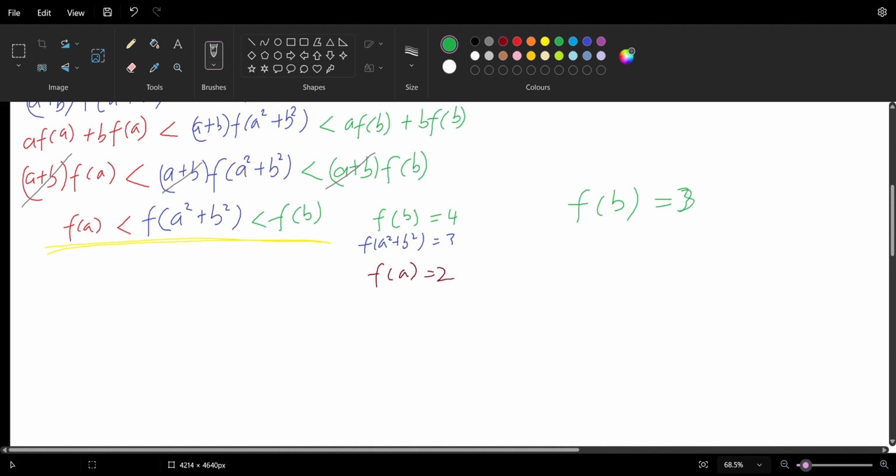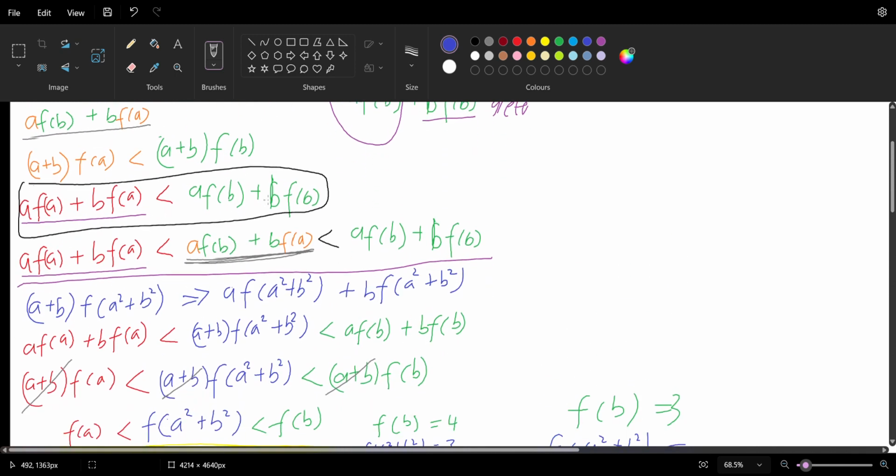But if we have a situation where f of b is equal to 3 and f of a is equal to 2, what can f of a squared plus b squared be if our answer must be an integer and it is less than? Remember, it is not less than or equal to, it is less than.